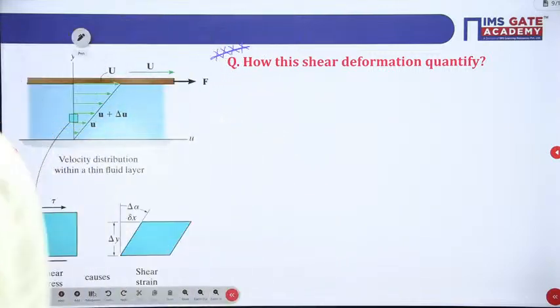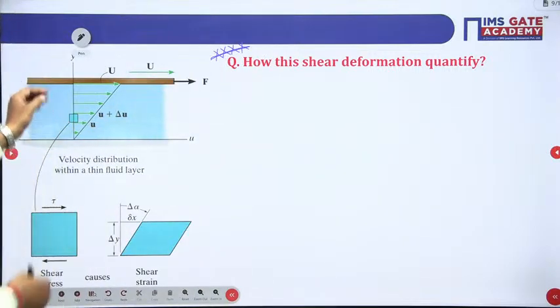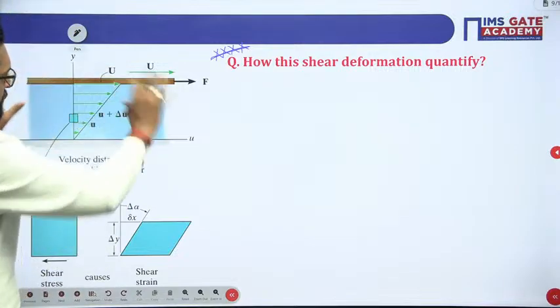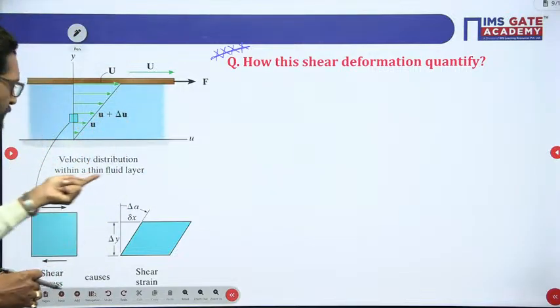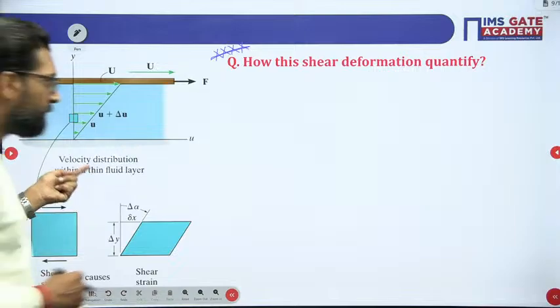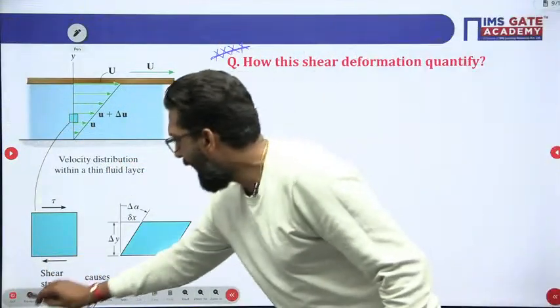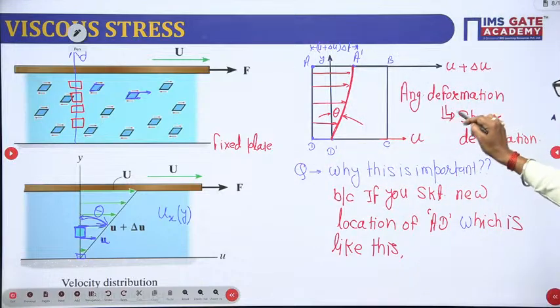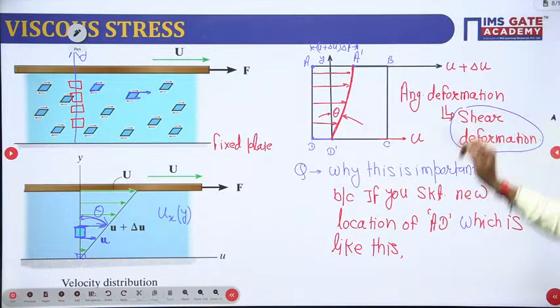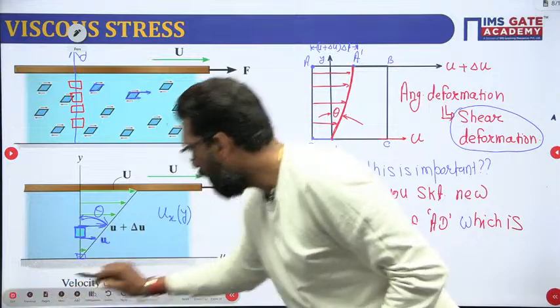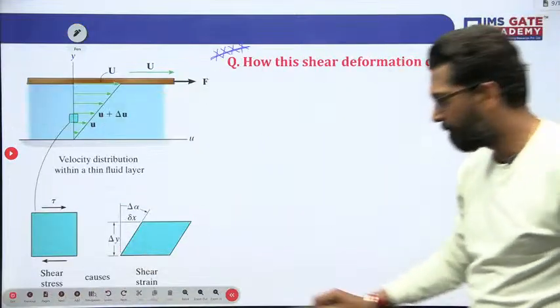For that, this is our initial arrangement, the velocity distribution within the thin fluid layer. Now you have to understand that there must be a shear deformation. Now the next question is how to quantify this shear deformation.